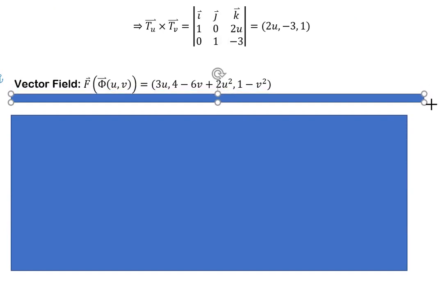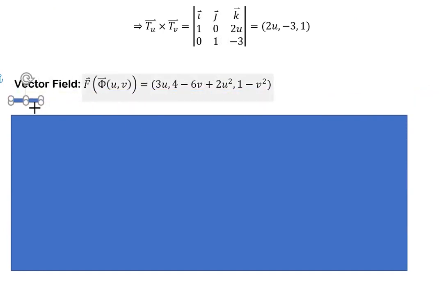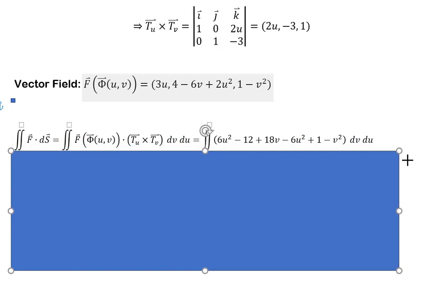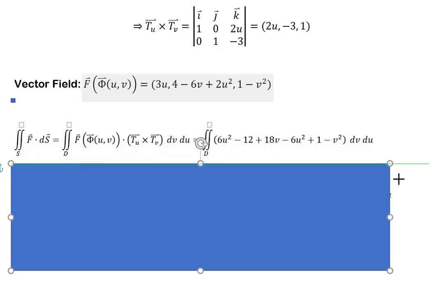I need to take my parameterization and plug it into my vector field. When you do that, you get (3u, 4 minus 6v plus 2u squared, 1 minus v squared). We take the dot product of our vector field and our cross product vector.